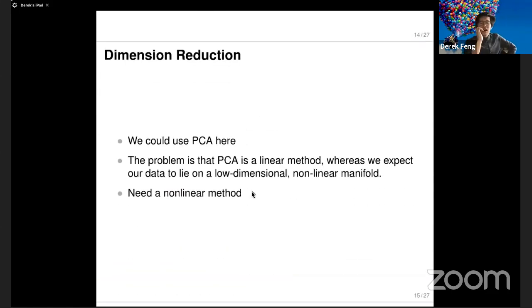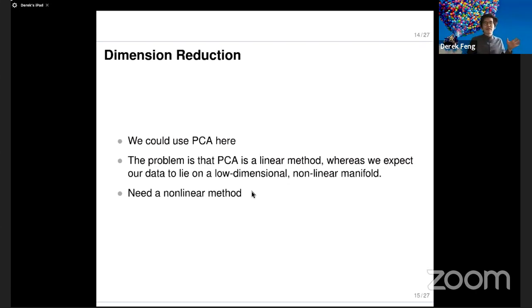I assume everyone's first guess here would be to use something like PCA. PCA is essentially a dimension reduction procedure. We didn't talk about this in this class, but the key point about PCA is that it's a linear method, whereas what we're dealing with is a really high dimensional structure, and we do not think there is a linear representation of our data.